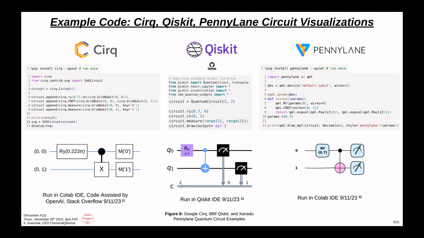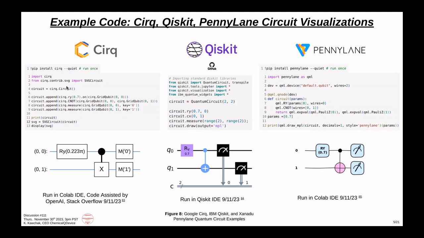Whereas for the other two, Cirq and PennyLane, I typically use Colab. I'll open those up in Colab and then run them in Colab. And in Qiskit, you don't always have to install. A lot of these things are installed when you open up a notebook, and a lot of times you can just start coding, which is the benefit there.